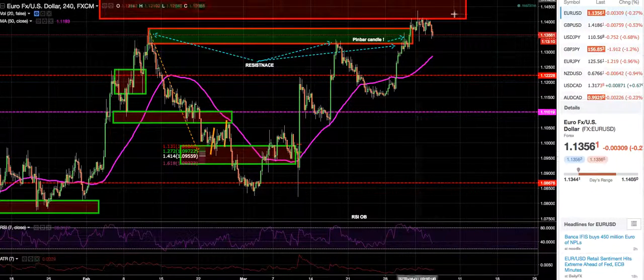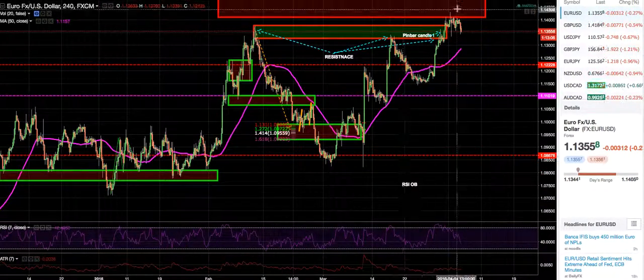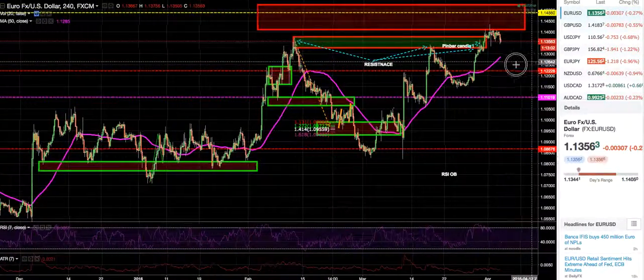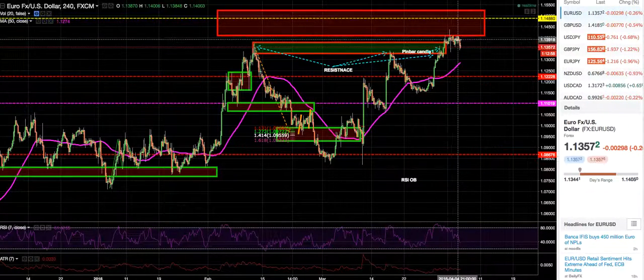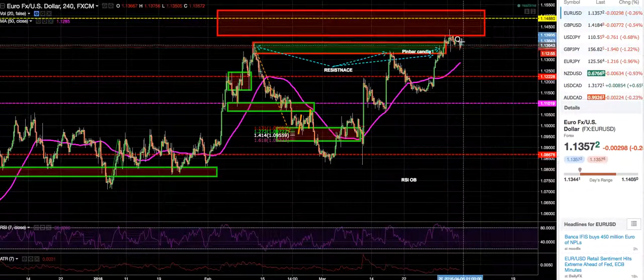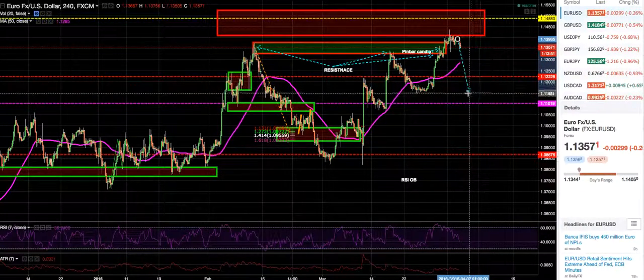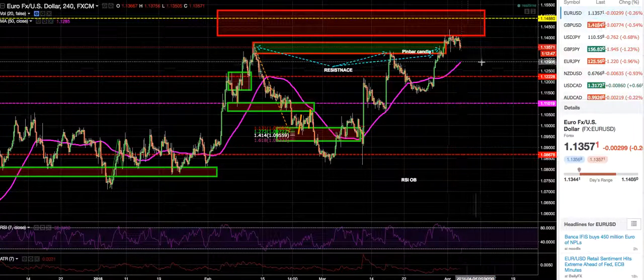Of course, like always, we could go up here, and this is the area I will be taking a look at, this red box right here. It's also quite possible that the market will continue, and it could continue all the way into this area right here. Right, so that's a possibility.